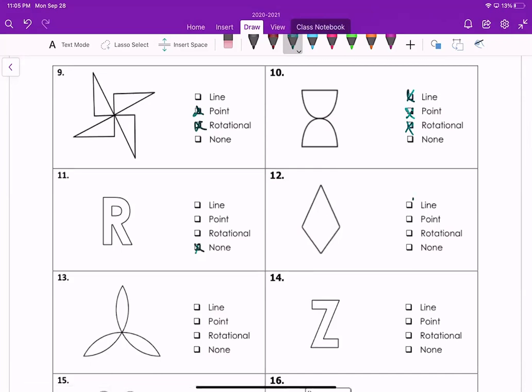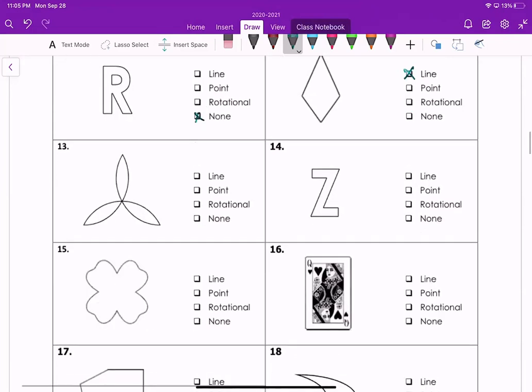And then this one is line. The 13 is line and rotational. Z is point and rotational. My clover is line, point, and rotational. So all of them point and rotational.